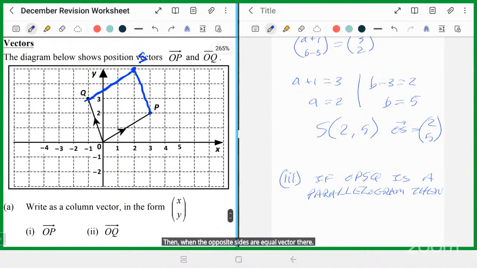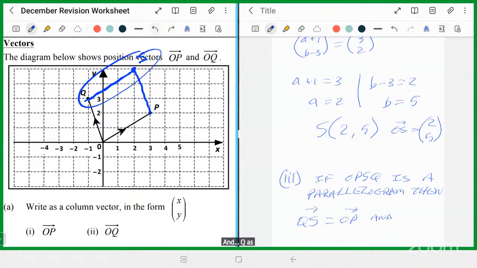So QS would be equal to OP, but they gave us that already, and PS would be equal to OQ.